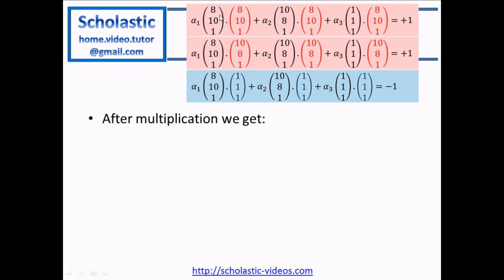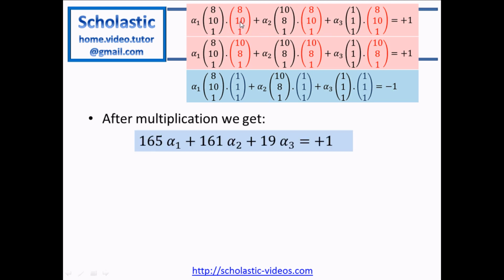First we need to do multiplication, element by element: 8 times 8 is 64, plus 10 times 10 is 100, that's 164, plus 1 is 165, alpha 1 plus alpha 2, 10 times 8 is 80, 160 plus 1 is 161, alpha 2 plus alpha 3, 1 times 8 is 8, 10 plus 1 is 19, alpha 3.